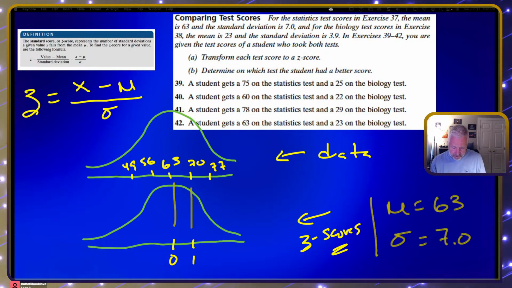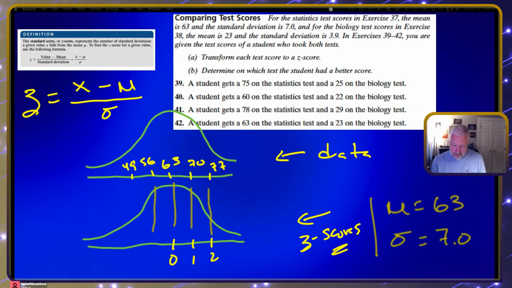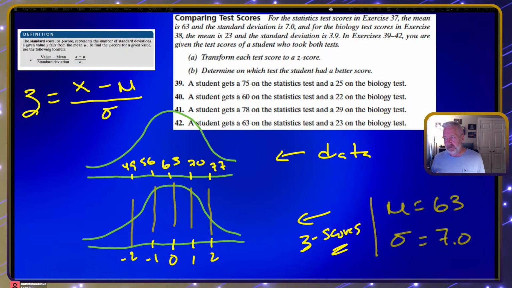If we map this down, then we're sitting 2 standard deviations away. If we map this down, we're at negative 1 standard deviation in that direction. If we map this down, then we are at negative 2 standard deviations in that direction, as signified by the negative. In other words, less than the mean. All right? So we're just mapping these down.